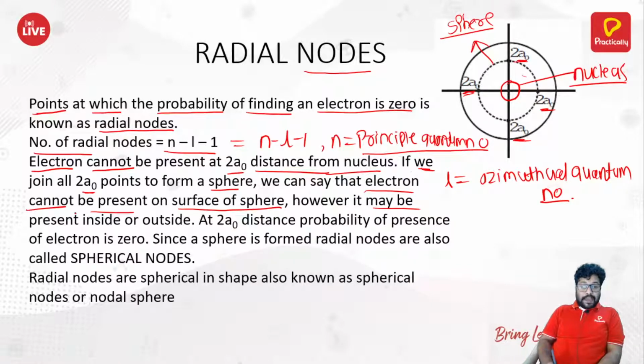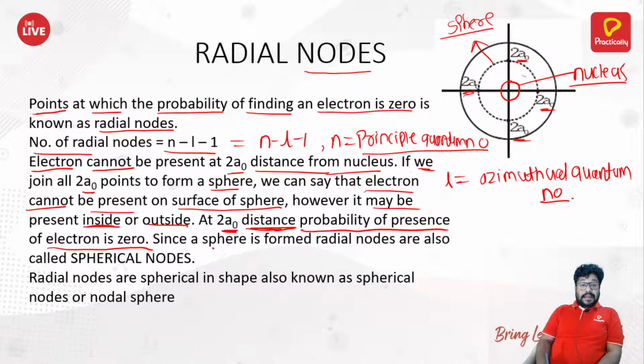However, they may be present inside the sphere or outside the sphere, but not on its surface. So at 2a0 distance, the probability of presence of an electron is 0.